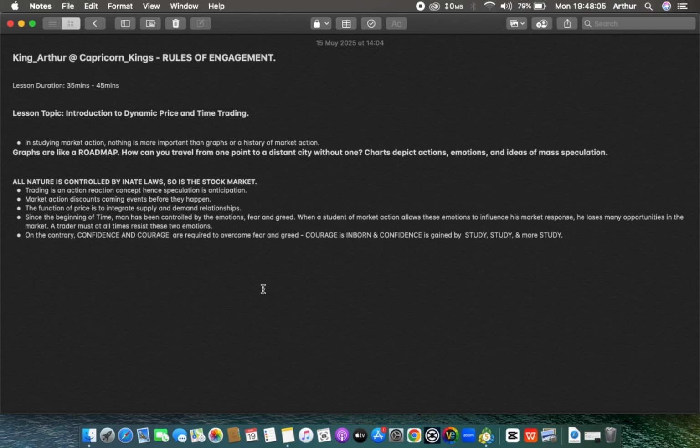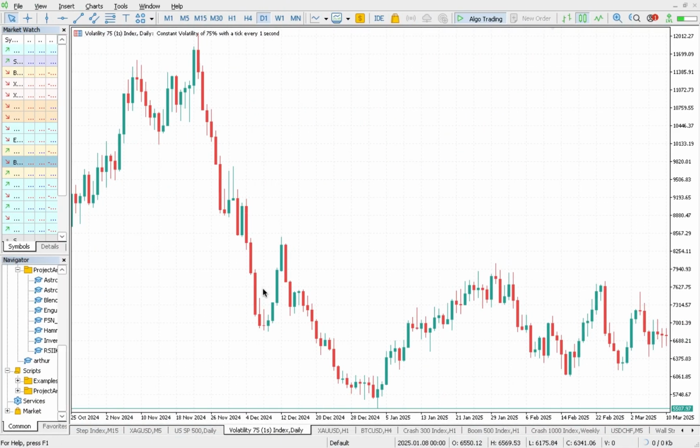So back to my point, in starting market action, nothing is more important than graphs or history of market action. So basically, in starting trading actions, in starting buying and selling activities, nothing is more important than these candlesticks, these graphs.